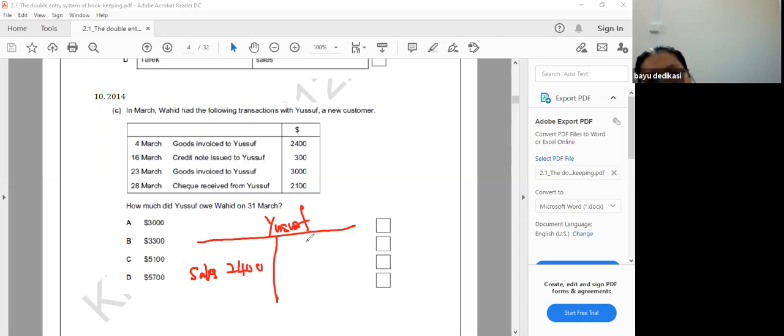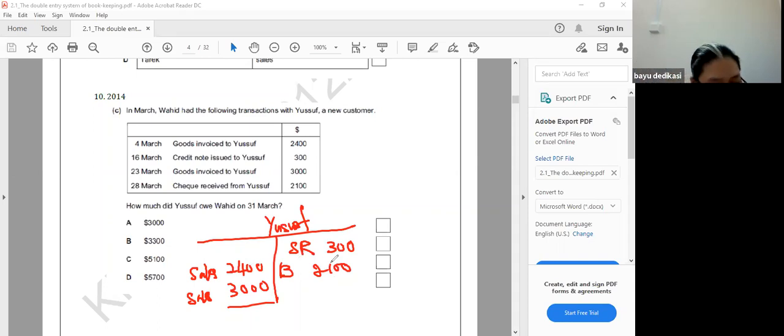Credit note issued to Yusuf, this is a sales return, 300. Goods invoiced to Yusuf, another sales, 3,000. Check received from Yusuf, this is a bank amount, 2100. How much did Yusuf owe? Take the total debit minus the total credit. 5400 minus 2400, so we get 3,000. This 3,000 is the amount owed.